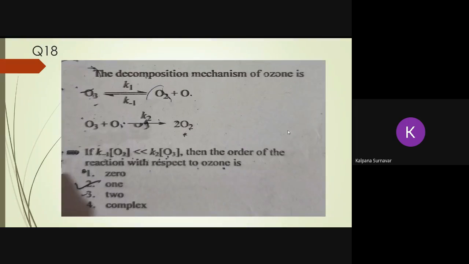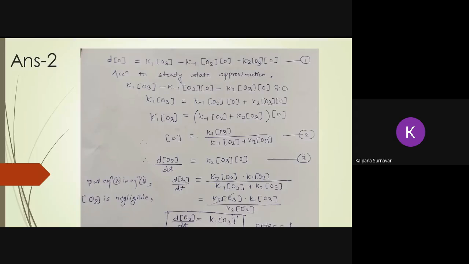This condition is given in the problem. That's why we can neglect the term K minus 1 into concentration of O2. So the final equation remains dO2 by dt is equal to K1 into concentration of O3. Here there is no power on the concentration of O3, so we can write K1 into concentration of O3.